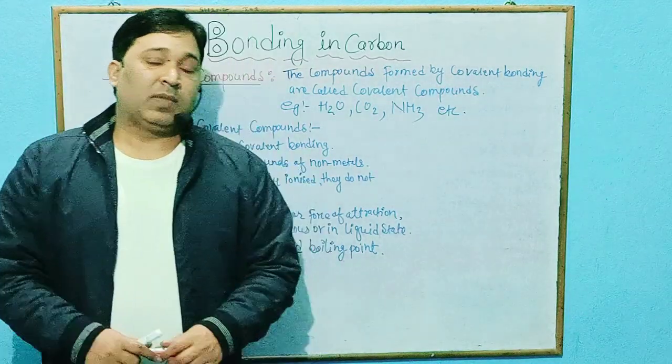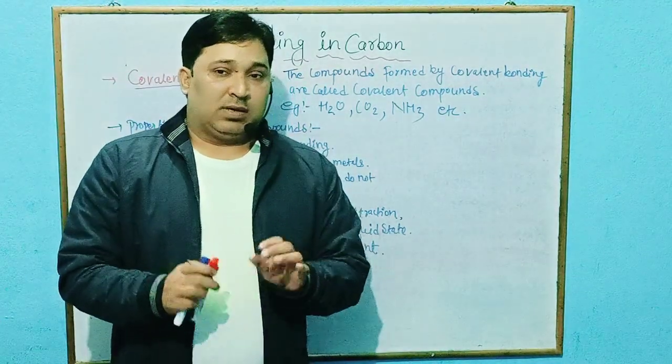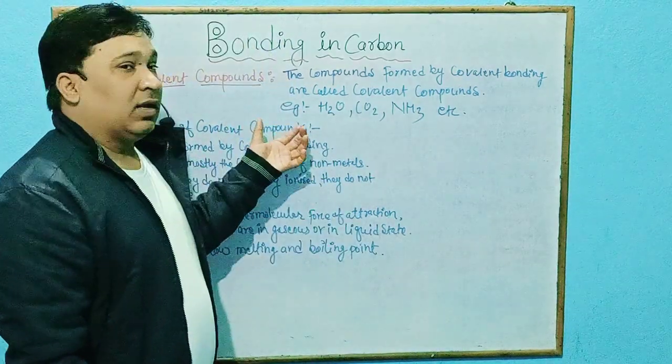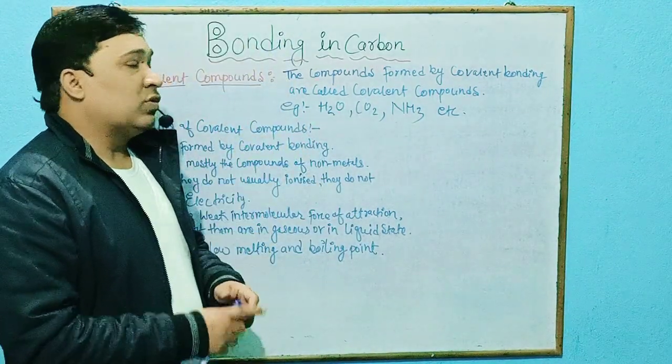So in this way, we come to the end of this class, right? And we have understood about the bonding in carbon. I will give you one question to answer.